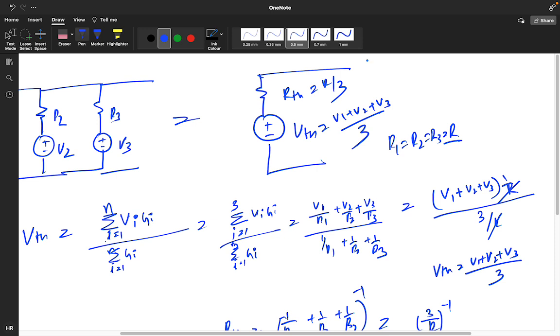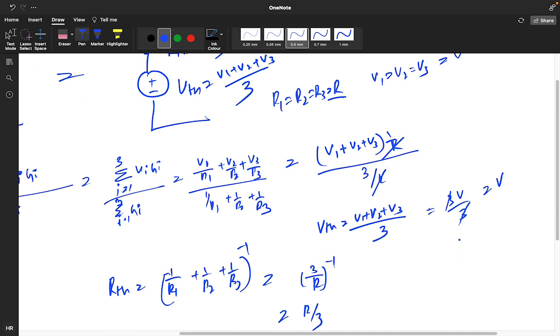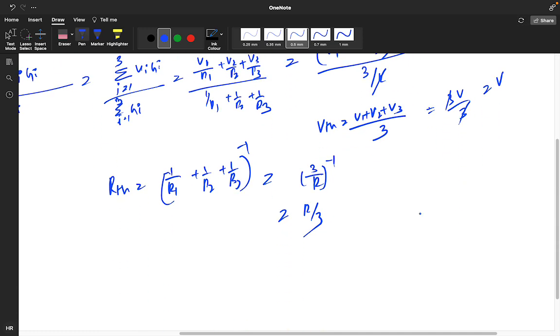Understood, guys? And suppose V1 is equal to V2 is equal to V3 is equal to V, then the VTH value will be 3V by 3, so you will get V. Understood?